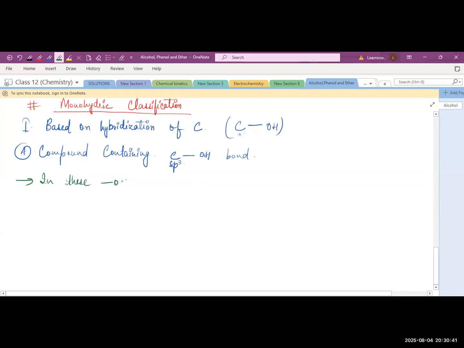Right? So write down: this OH group is attached to sp3 hybridized carbon atom of your alkyl group.